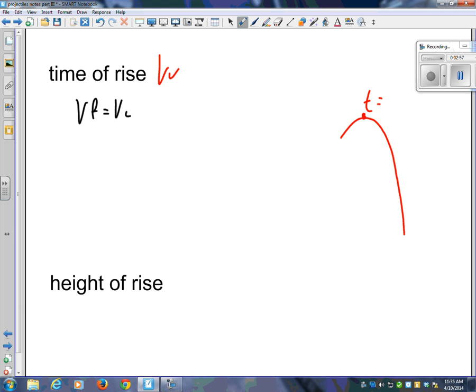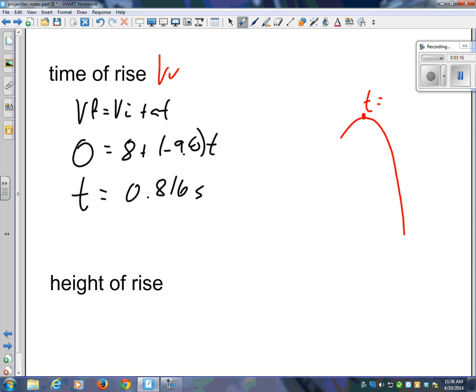So we're going to write VF equals VI plus AT. The final vertical velocity is 0. The initial vertical velocity is my 8. And my acceleration is minus 9.8 times time. And I get a time value of 0.816 seconds. Is that correct? What you got?